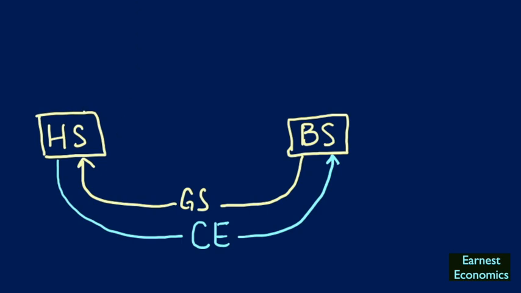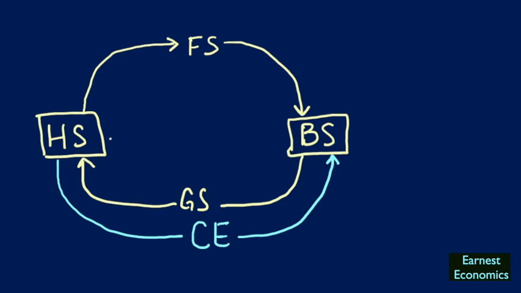So factors of production are with the household sector, so we call them factor sources, and then these are utilized by the business sector. So there is movement of factors of production or factor services from household sector to the business sector.